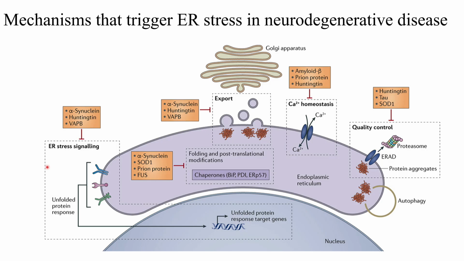It actually enhances it, and thus gives the signal to the nucleus to start the unfolded protein response expression of mRNA. Alpha synuclein and Huntingtin also influence the export of proteins from the vesicle into the Golgi.